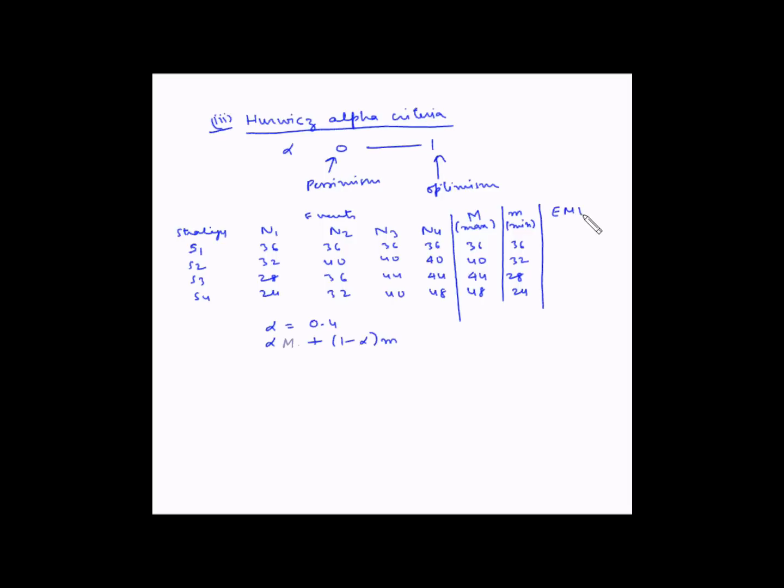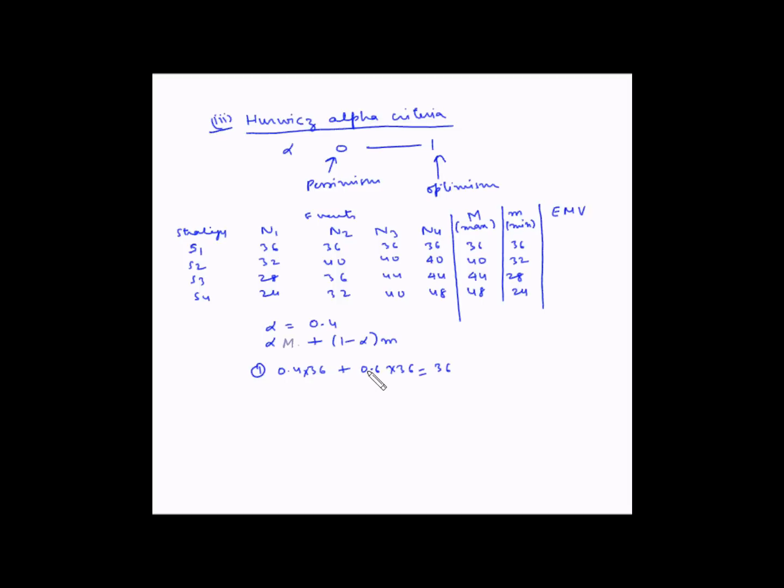Next we'll calculate the EMV, or the expected monetary value. So for the first case it will be 0.4 multiplied by 36 plus 1 minus 0.4, that is 0.6, multiplied by 36. This is equal to 36.